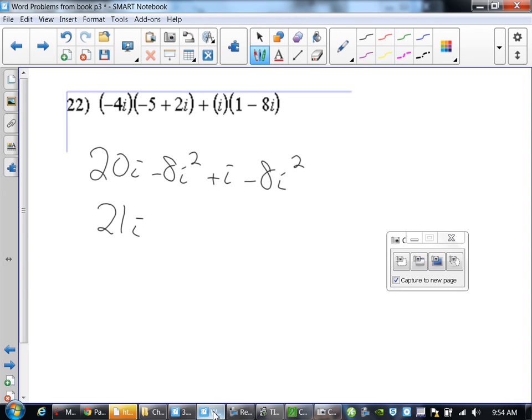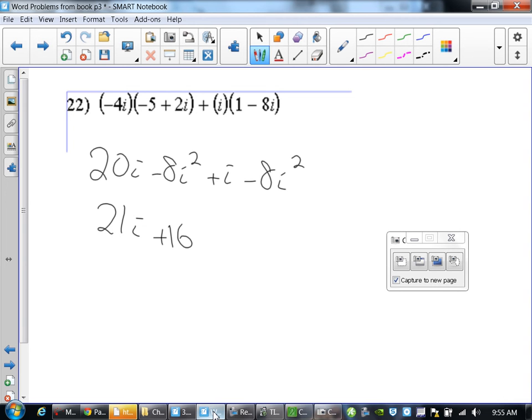This becomes -8 times -1, which is 16, so it's plus 16. Oh, I'm sorry, I was adding them together already. So yes, plus 16. Okay.